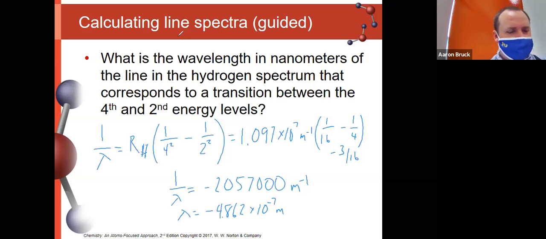To turn meters into nanometers, I multiply by 10 to the 9th. And that would give me 486.2 nanometers.